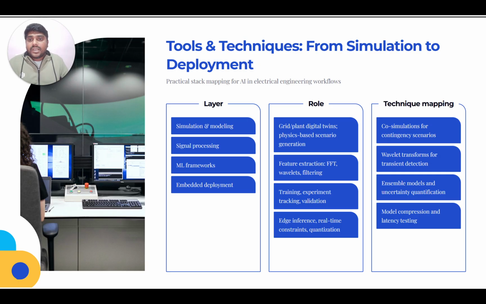The technique is using ensemble models and methods for uncertainty quantification to provide confidence scores. Finally, layer 4, embedded deployment. The role is edge inference under real-time constraints and quantization. The essential technique here is model compression and latency testing to ensure the model runs quickly on embedded hardware.